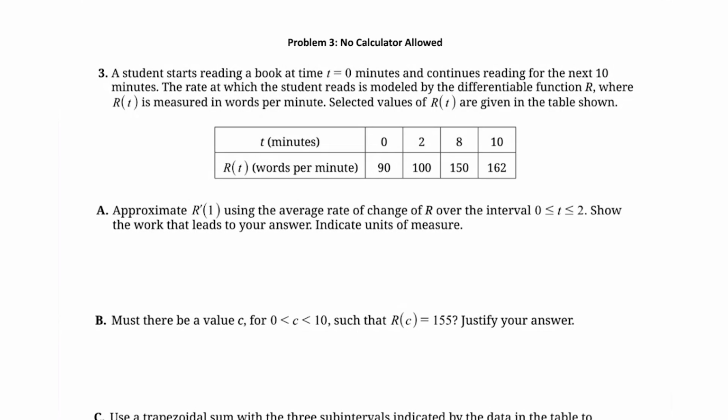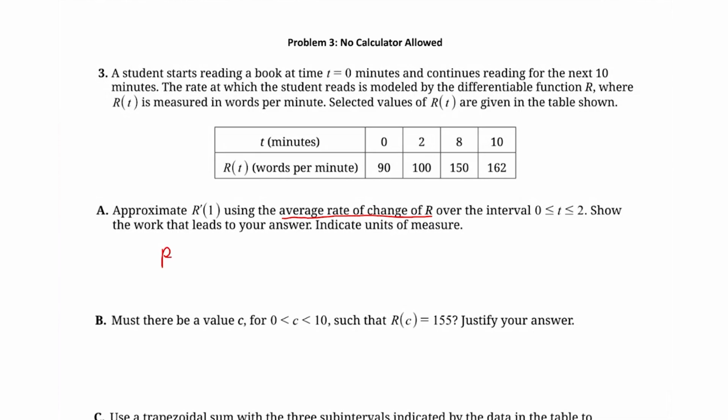Part A says approximate r prime 1, or the derivative of r at 1, using the average rate of change. We did an average rate of change problem on problem 1, so hopefully you remember how to calculate that. You just basically use the slope formula over the interval 0 to 2. Show the work that leads to your answer, indicate units of measure.